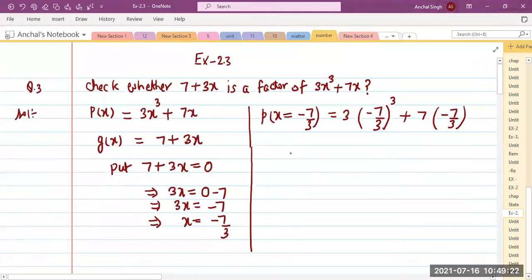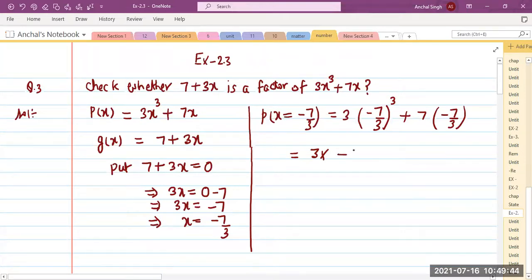So this is equal to 3 into minus 7 whole power 3. This is equal to how much? Tell me. Minus 7 whole power 3, this will give you how much? Minus 343. Okay, very good.